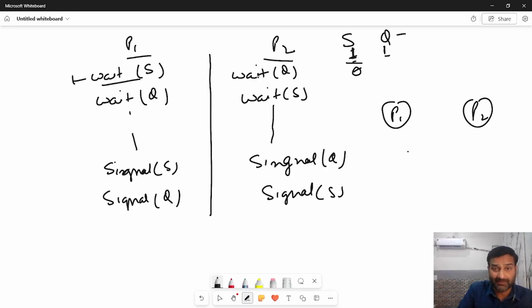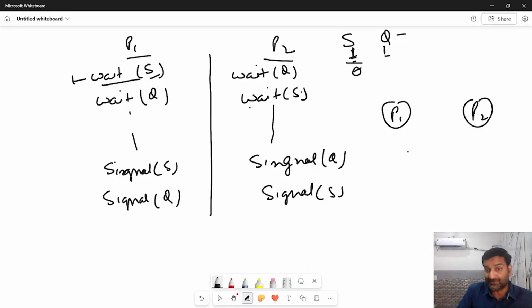Now, if P2 tries to decrement S, it will not be allowed. In other words, if P1 has acquired a resource that has a single instance, and P2 is looking for the same resource, we cannot grant it to P2 because it has already been acquired by P1.